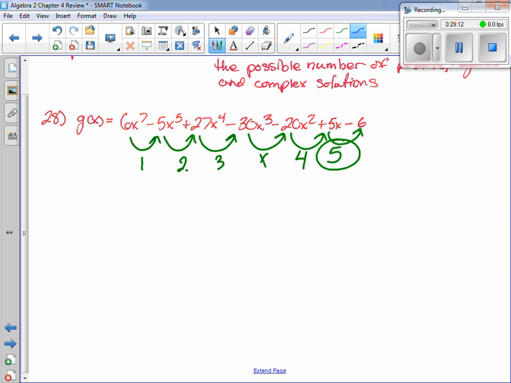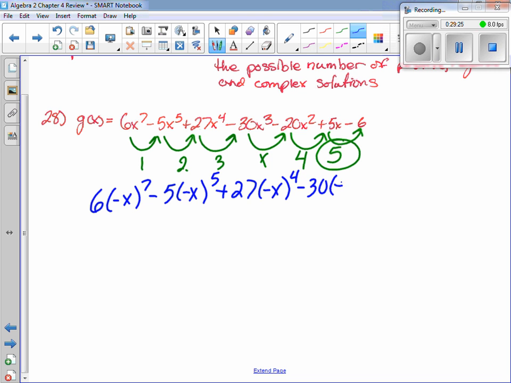Now to find the negatives, we plug negative x in to each of the spots where x appears. Now for this here, if the power of the exponent is odd, the sign changes. If the power of the exponent is even, it stays the same.